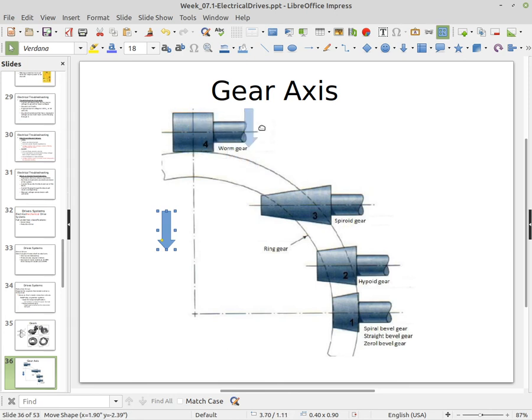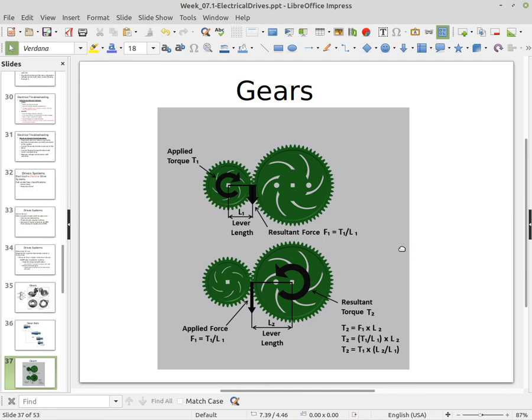And if it's a worm gear, we can actually be tangent to the gear we're driving instead of perpendicular to it. So again, sometimes it's very convenient, depending on where your driving shaft is in the circuit.